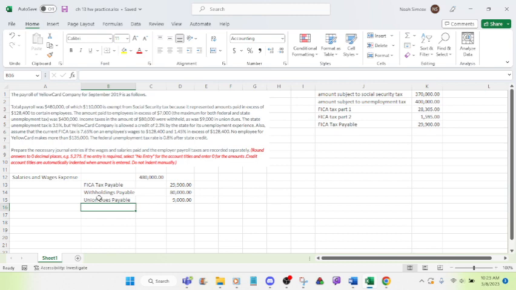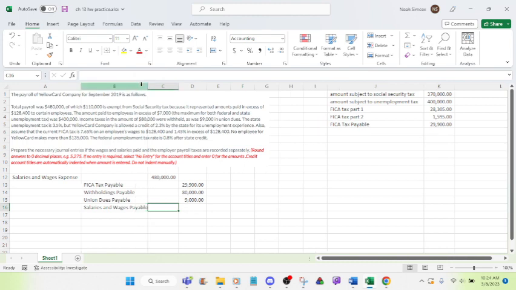Salaries and wages payable is literally just a plug figure, this number minus all these three numbers.